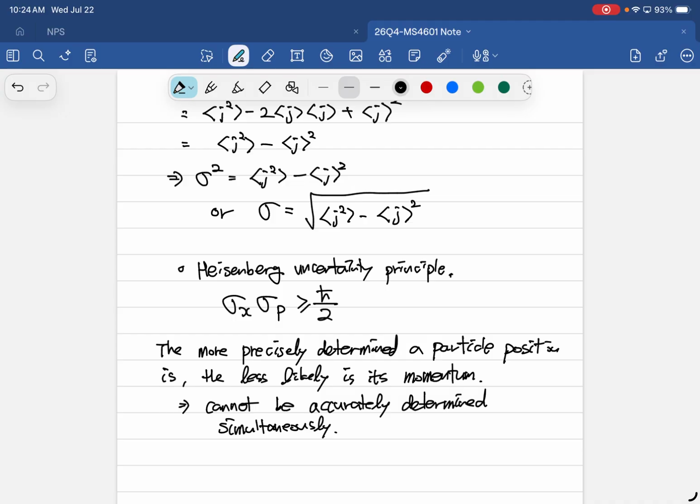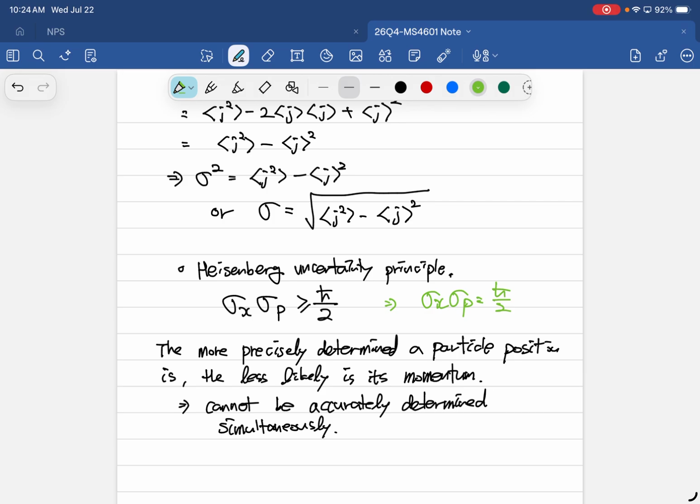Does it make sense? Think about this as the minimum that we are aiming for, which can be expressed as sigma x times sigma p equals h bar over 2, right? This is the minimum value that you can aim for. So for the sake of explaining what happens, when we decrease sigma x, sigma p has to go up, right?